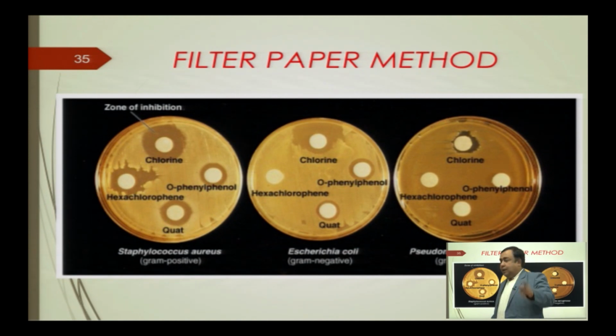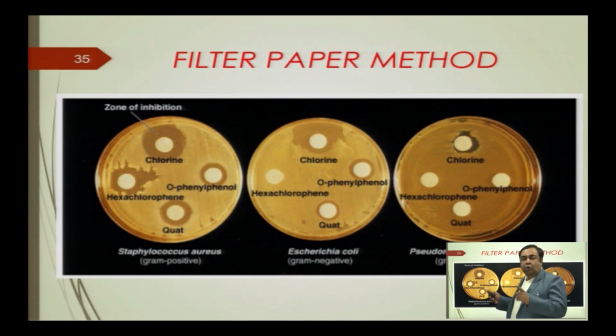In this first one, the organism taken was Staphylococcus aureus, which is an example of a gram positive bacterium. In the case of the middle dish, we have flooded it with a gram negative culture of Escherichia coli.